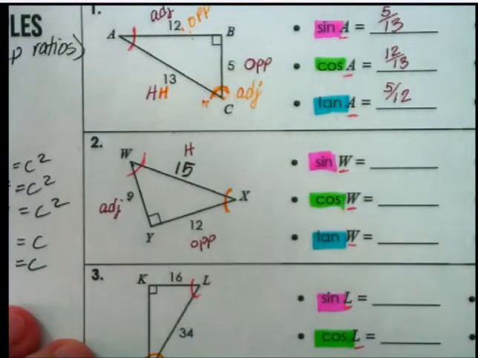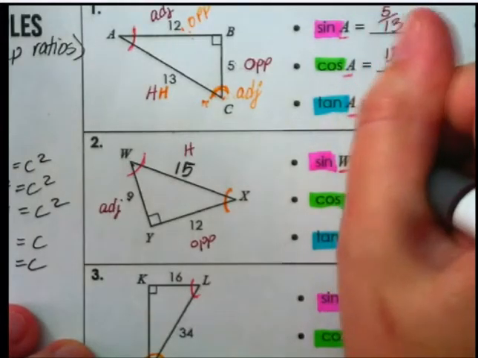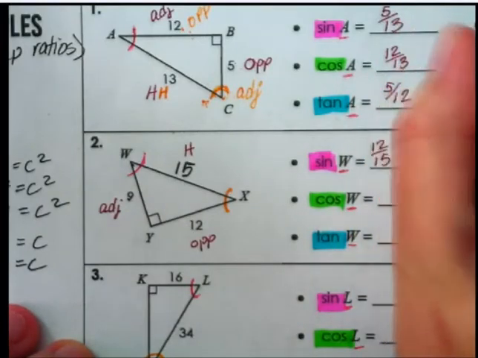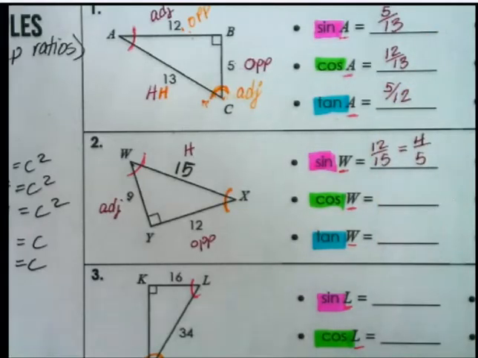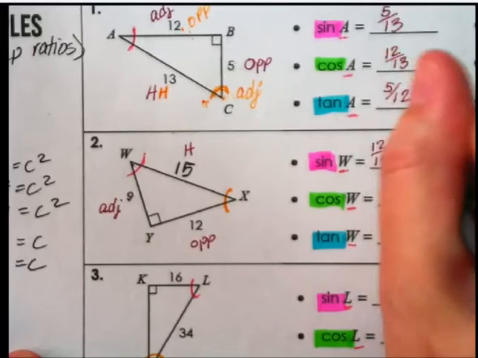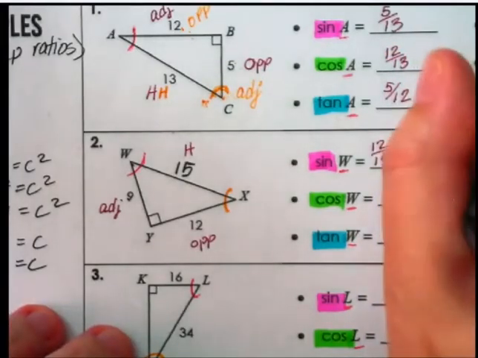For sine, I get opposite over hypotenuse, which is 12 over 15. And I do want to reduce this. It'll be 4/5. They both were divisible by 3. Let's do my cosine. Adjacent is 9. Hypotenuse is still 15. And then let's reduce these by 3.